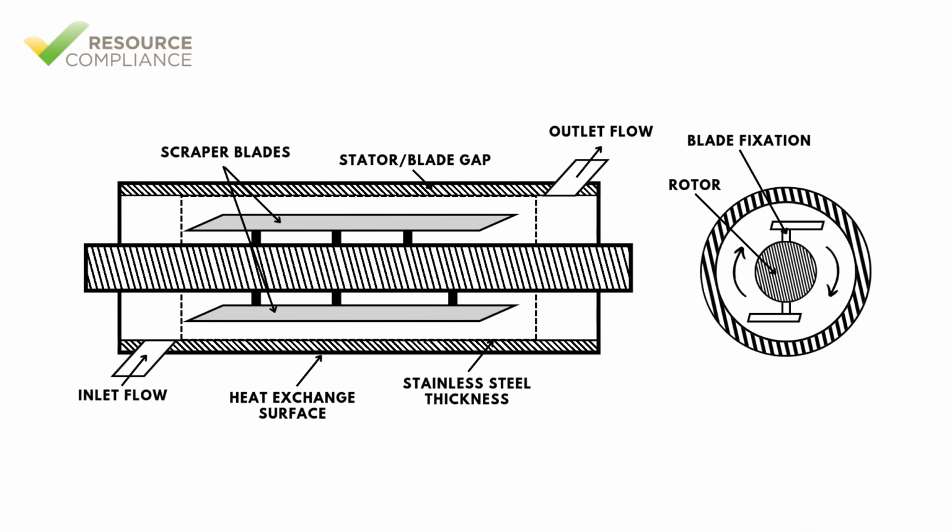In a scrape surface heat exchanger, the product flows through the cylindrical chamber where it comes into contact with the inner walls of the cylinder, which contain cold liquid refrigerant. The rotating scraper blades continuously remove any material that tends to stick or build up on the surface, exposing the product to fresh, clean heat transfer surfaces.